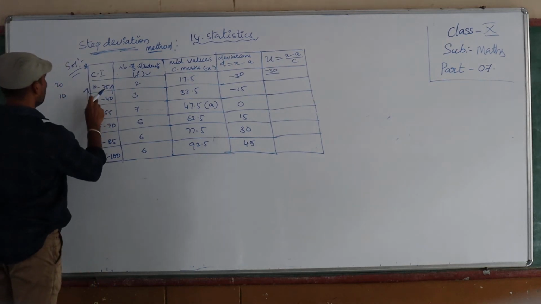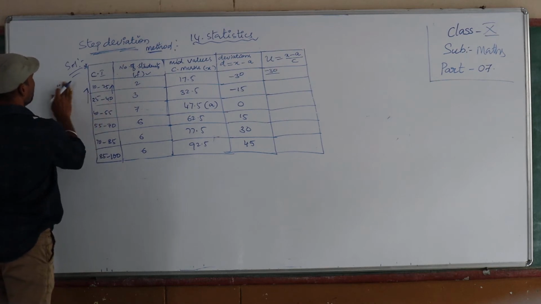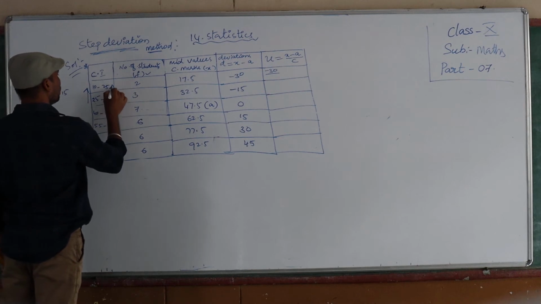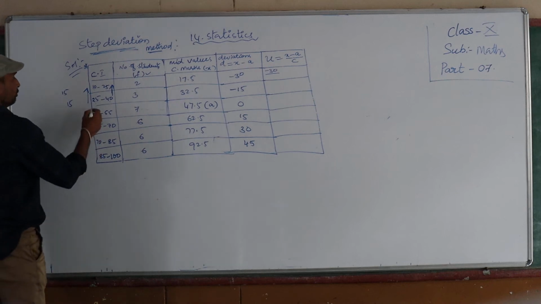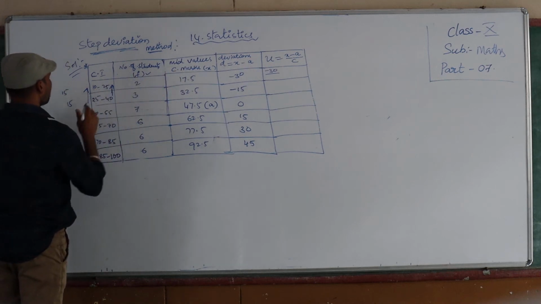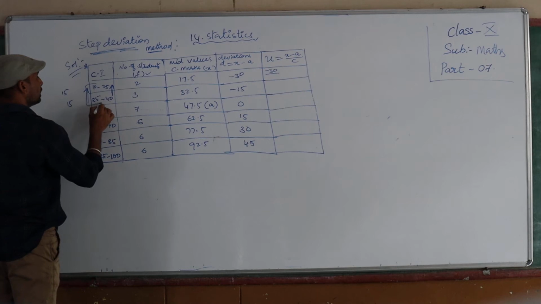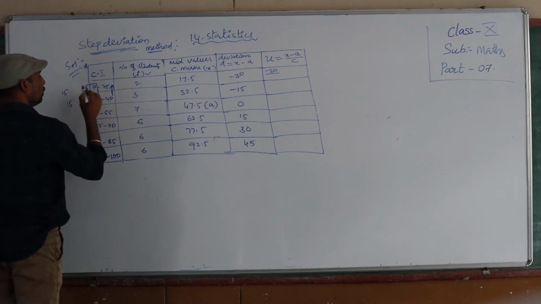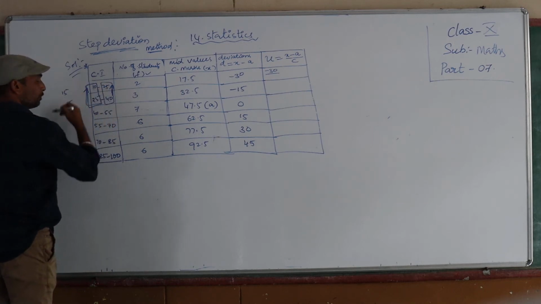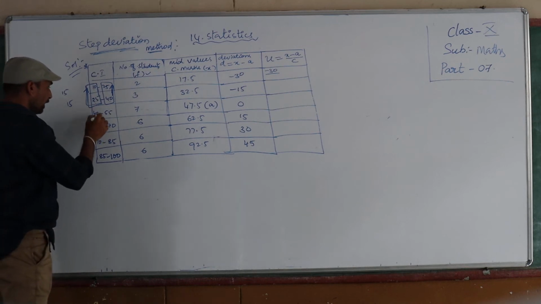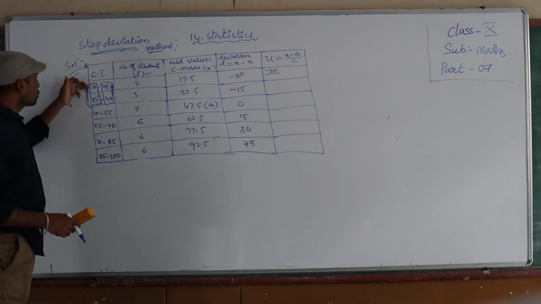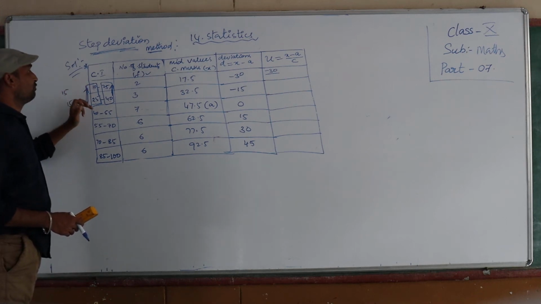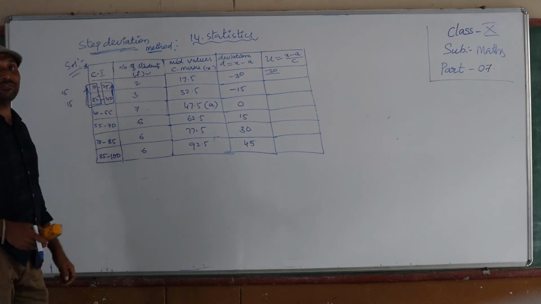In both cases we get the same. So c, the class size, is the difference of any two consecutive class limits, and you will get the same value. 25 minus 10 is 15, 40 minus 25 is 15.